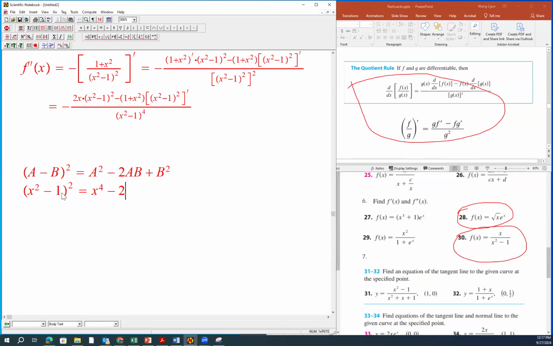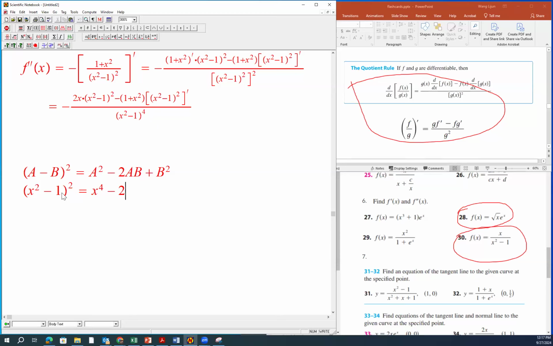Replace the whole thing by it, and write one more step. Be very careful. The derivative of this piece is going to be 4x raised to the power 3 subtracting 4x. If you need to do it on the side, you do it on the side.